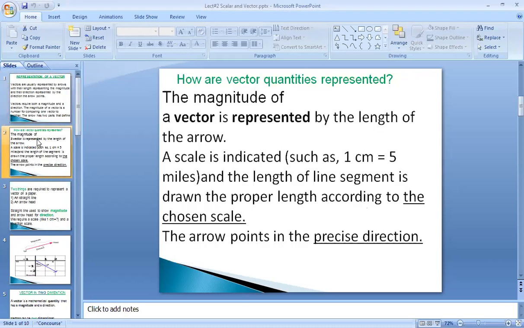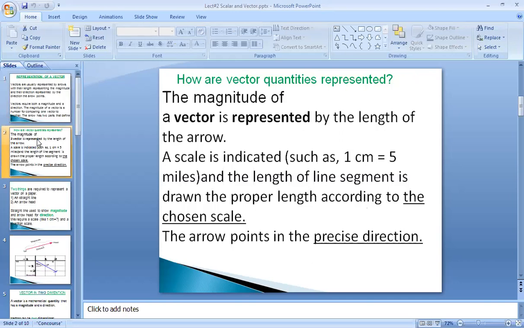How are vector quantities represented? Another slide is here to explain clearly for your convenience. A vector is represented by the length of an arrow. A scale is indicated, such as 1 cm equals 5 miles.